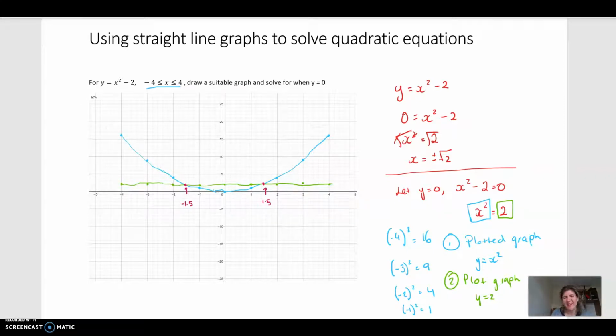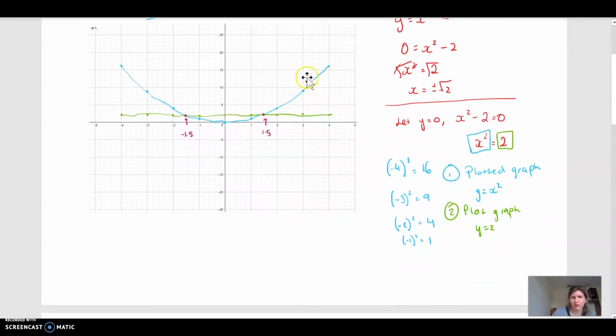So, again, I don't love this because I don't think it's very accurate, and I find it a little bit frustrating in terms of actually getting the solutions. The other thing is, we haven't 100% finished, because the last thing you should do is write down what your solutions are.